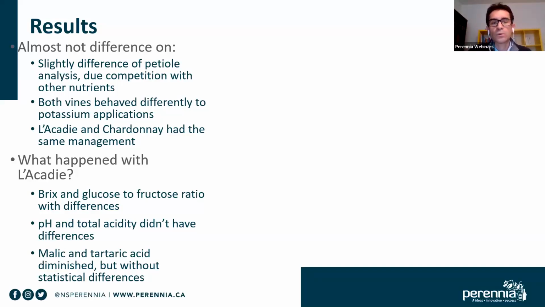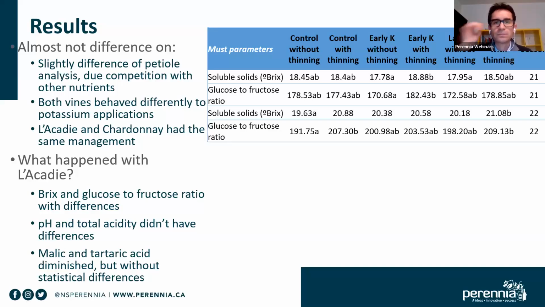So what happened with Lacadie? Well, Brix and glucose to fructose ratio had some differences. As you can see, Brix, which is the same as soluble solids, and glucose fructose for seasons 21 and 22. On the top, you can see the name of each control and each treatment. Each year we had some differences. For example, in the first year, the control presented a big amount of Brix.